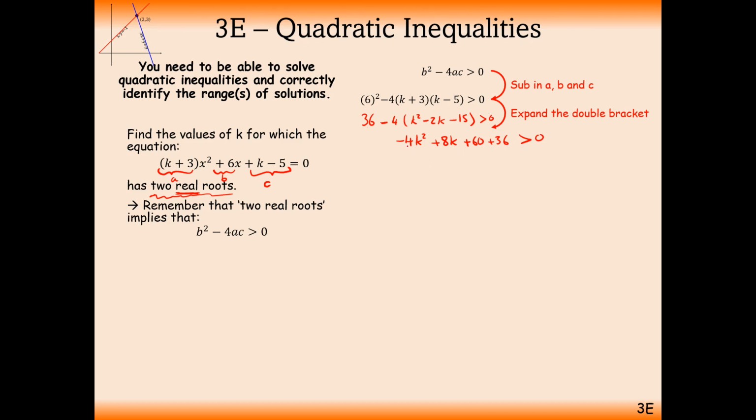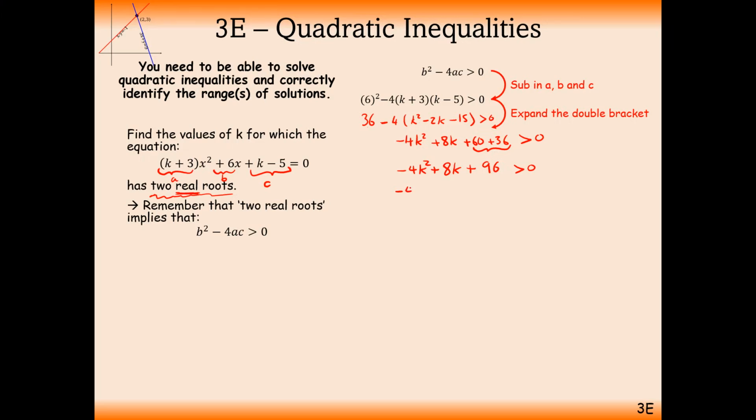Now if I simplify, this number is 96. All of them divide by 4, so they have a common factor of 4. So we can factorize negative 4 out of them and divide this inequality by minus 4.